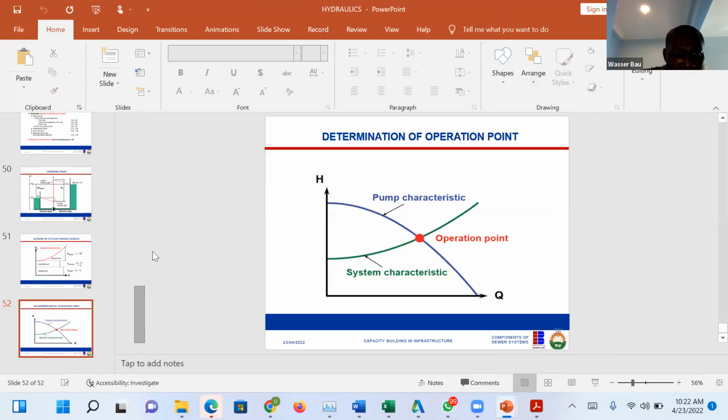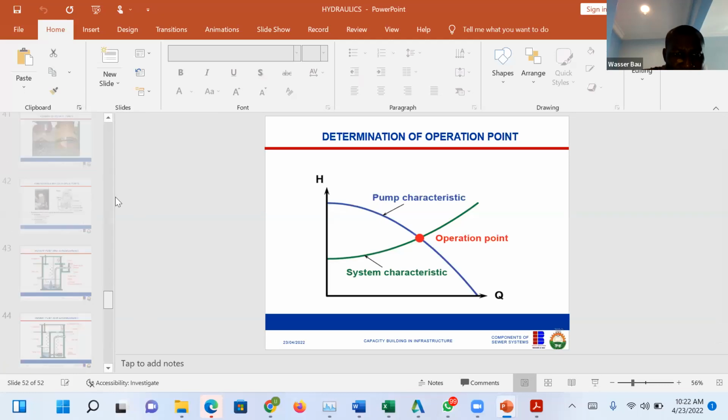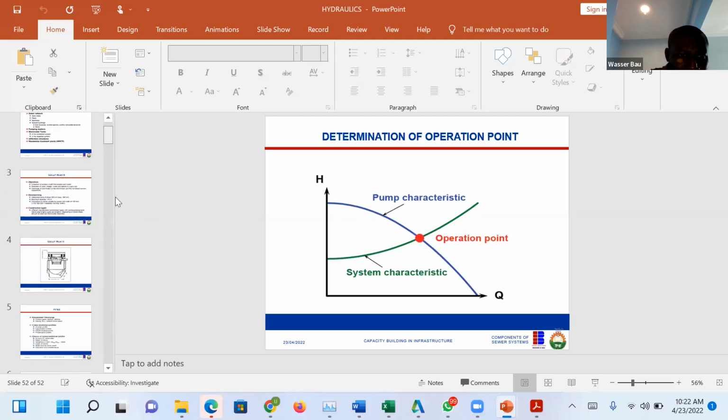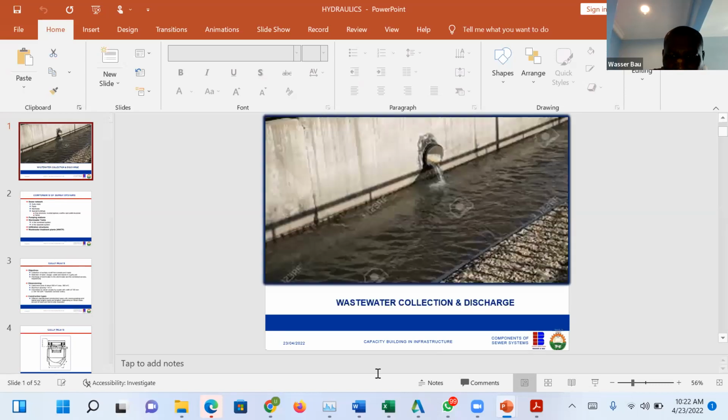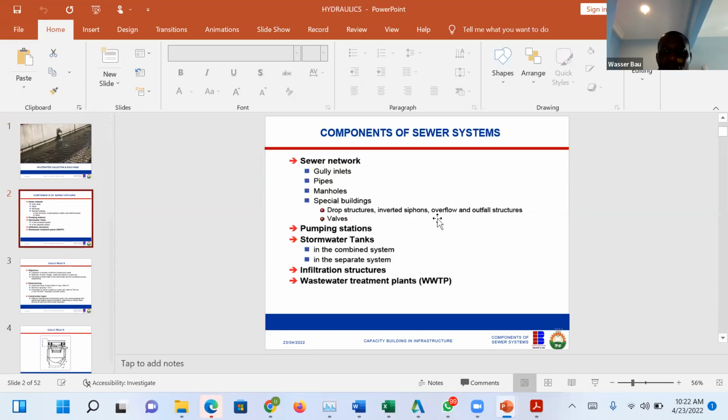So that I will consolidate on the examples I've given. So today, let's start with sewer. So now sewer systems. Of course, as I said, it can be storm sewer, it can be... just hold on.